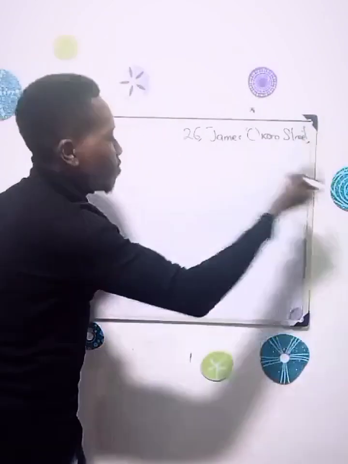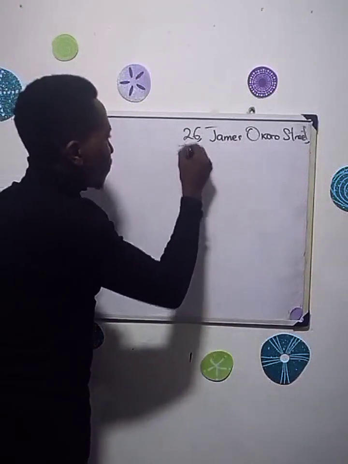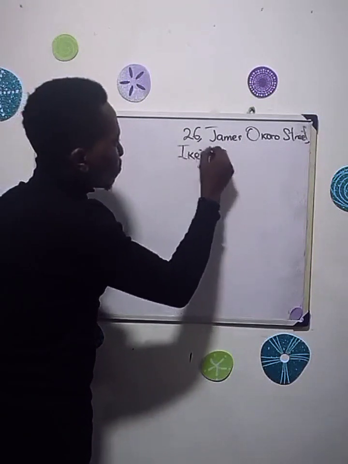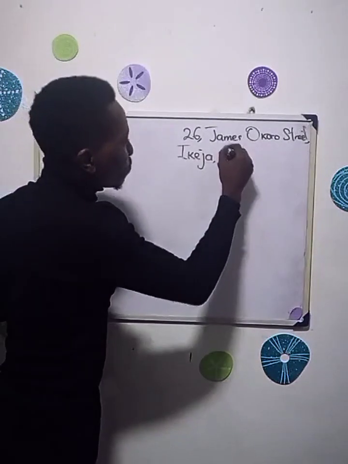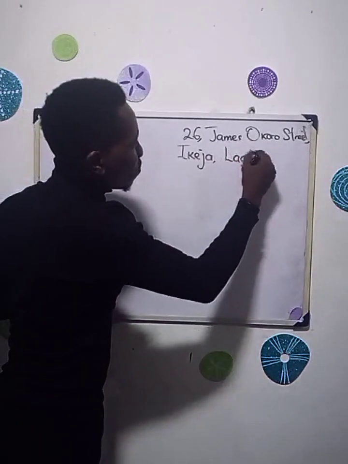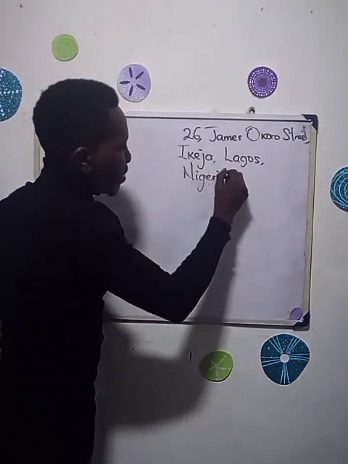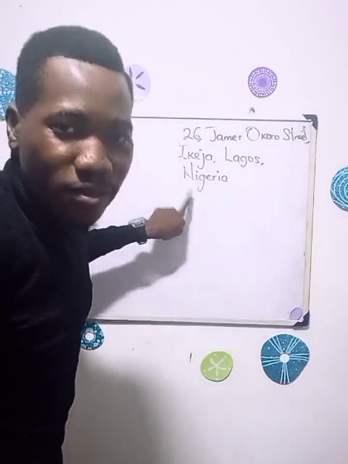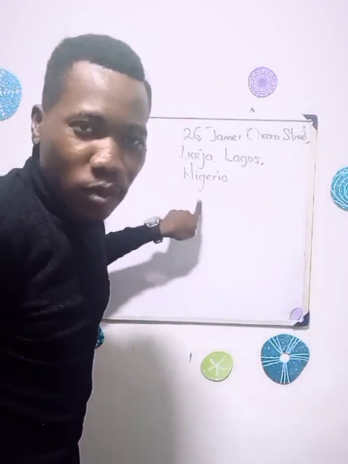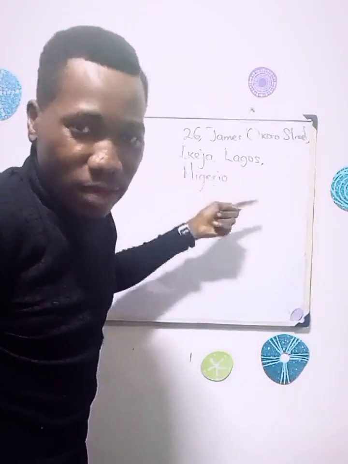Then Ikeja, Lagos, Nigeria. If the person you are writing to is outside your country, you want to include your own country. If they are in the same country, you can just stop at Lagos.